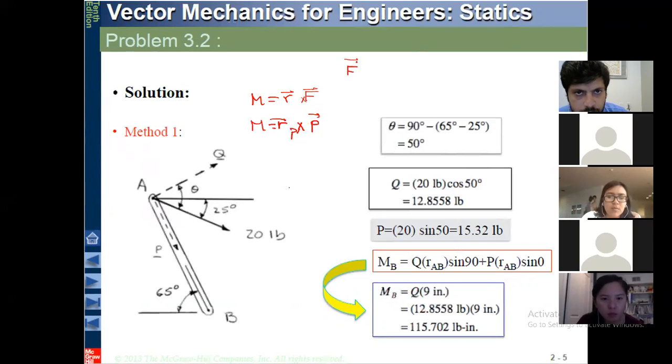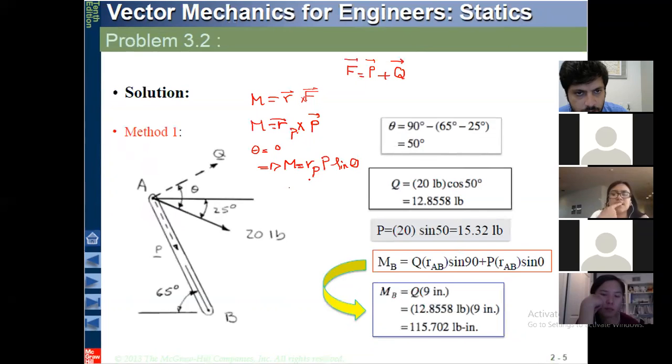So actually F is equal to P plus Q. Here you have R_P along line AB and also force P along line AB. So theta would be 0 between these two, and therefore M, which is equal to R_P P sine of theta, would equal 0. So mathematically, we can also prove that this force does not exert any moment. Then you would only have Q that contributes to the moment around point B.